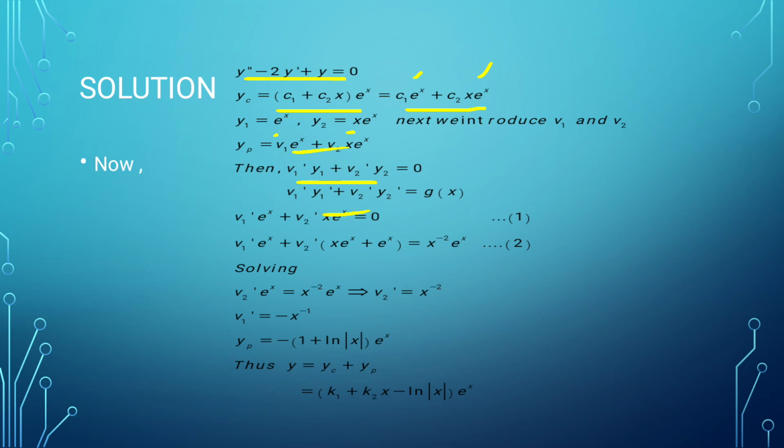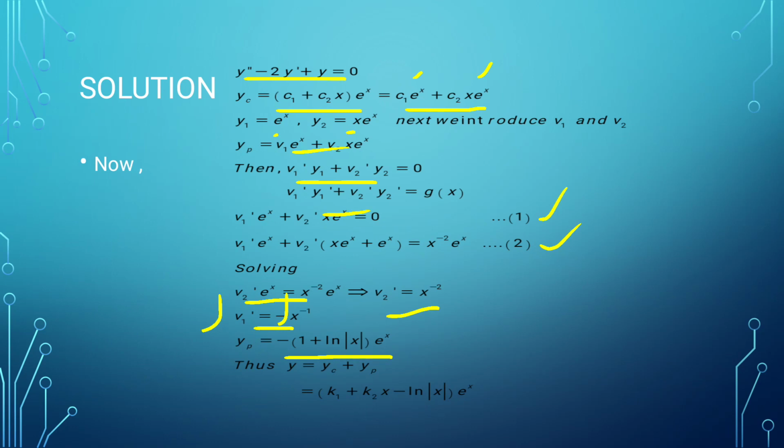So if you solve these two, solving 1 and 2 using simultaneous equations methods, the substitution or the elimination method, you'll find that this is equal to that, which implies that. Then you can see that if we have this, we can get the integral. We can integrate both sides, and therefore we find the yp being that.